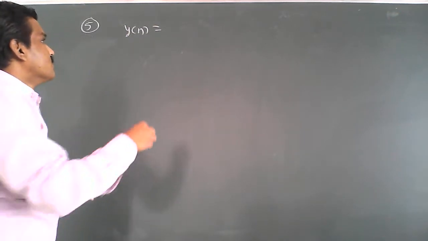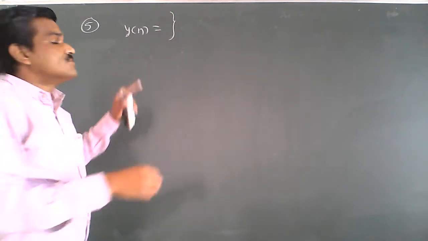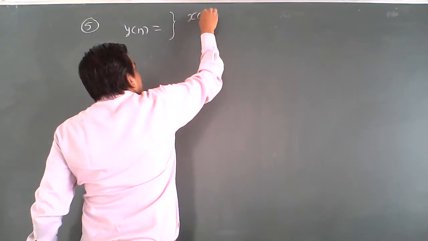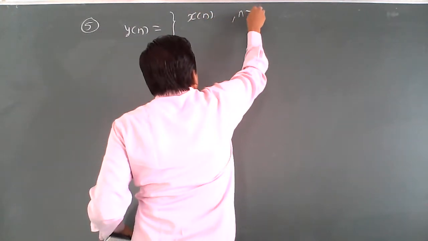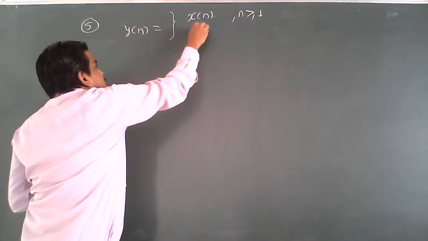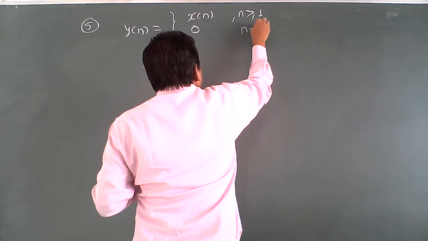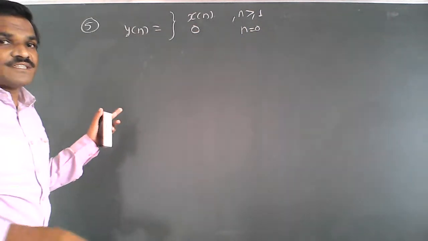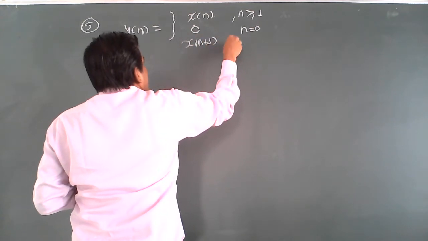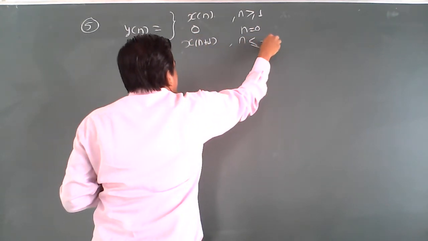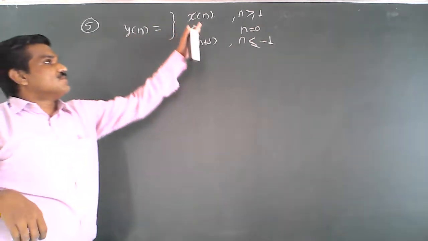So y of n is equal to x of n for n greater than or equal to 1, which is equal to 0 for n equals 0, and which is equal to x of n plus 1 for n less than or equal to minus 1. So this y of n depends upon these three conditions.